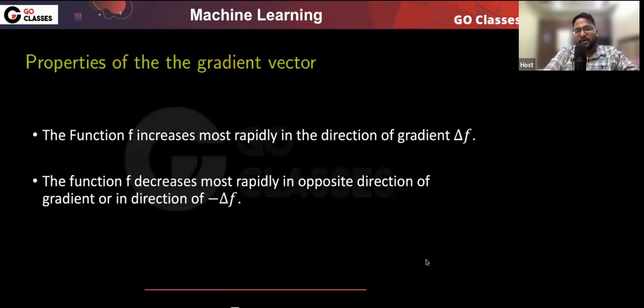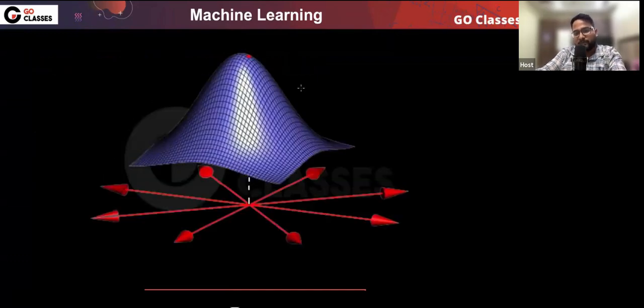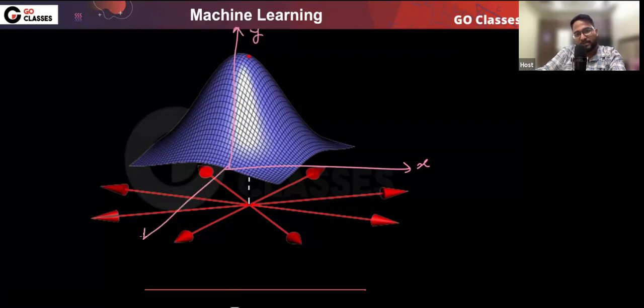Okay, so before I start gradient descent, let me tell you there is one very important property of gradient. Let's suppose you have some multivariate function. Let's suppose there is an x-axis, a y-axis, and a z-axis.